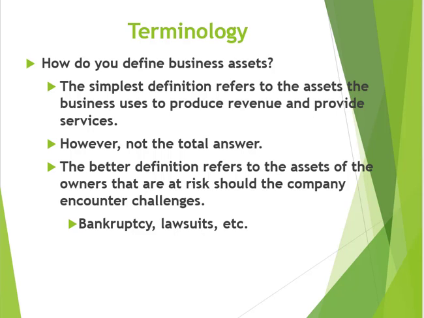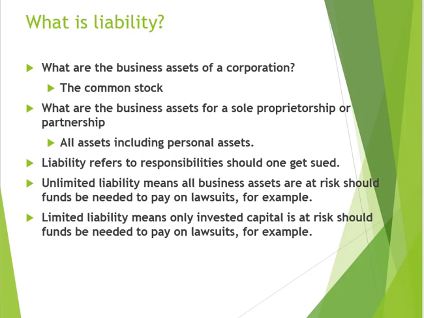So the simplest definition is the assets of the business are what is used to produce revenue and resources. However, for partnerships and sole proprietorships, the definition is different. It refers to the assets of the owners that are at risk should the company encounter challenges like bankruptcies or liabilities. So the business assets of a corporation, if you're an owner, is the common stock.